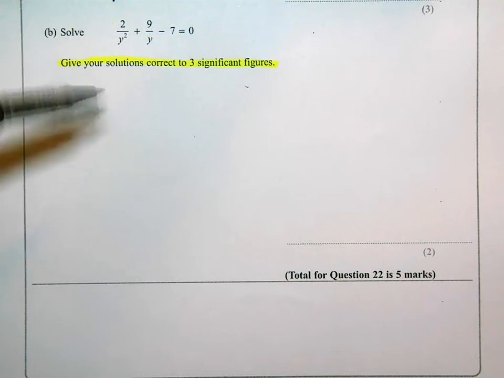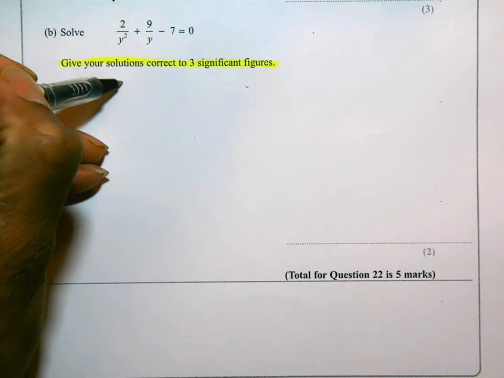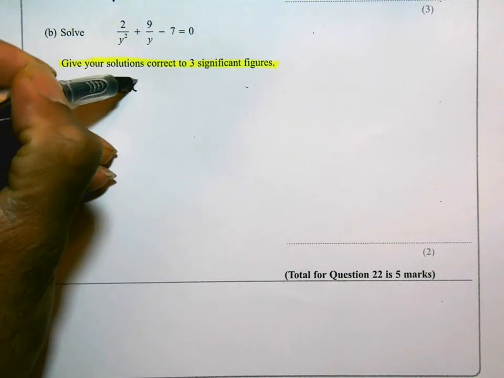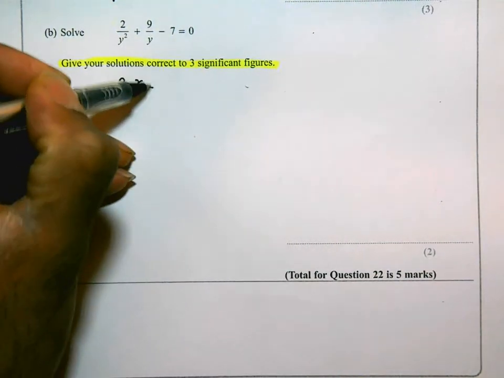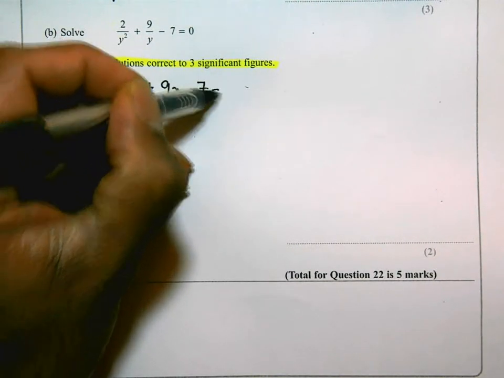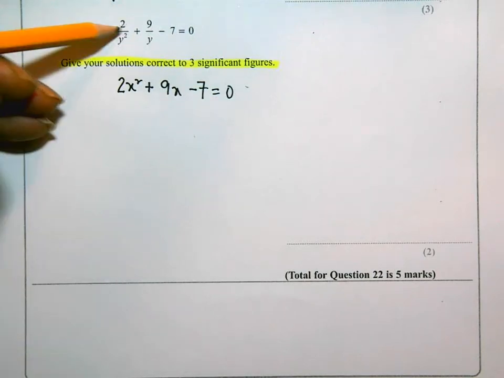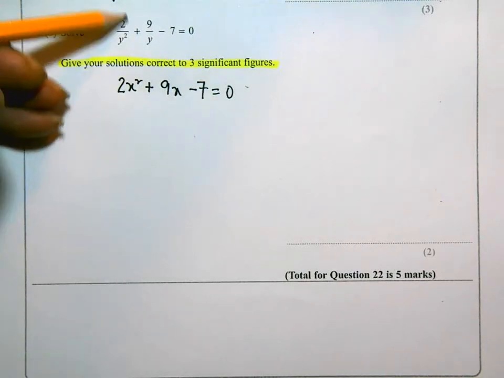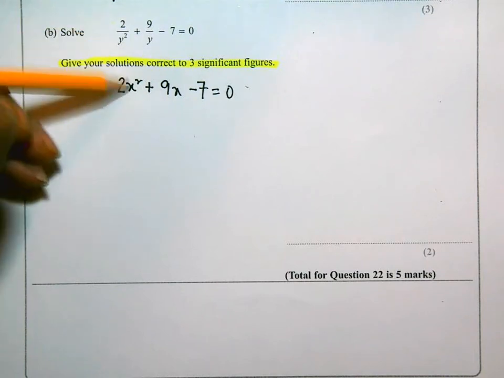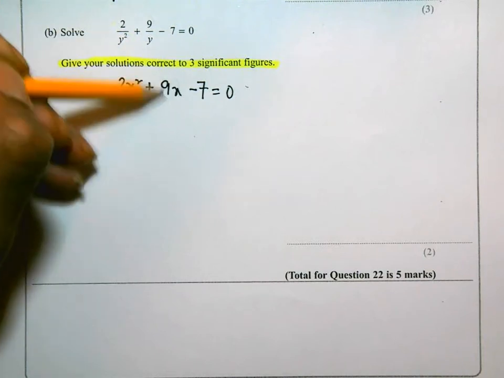The equation in part A was 2x squared plus 9x minus 7 equals 0. And you can see there's a link between both of these, because here I've got 2 over y squared, where in part A I had 2x squared. I've got plus 9 over y, where I had 9x, and then just 7, and again just 7. So there's a link between them.